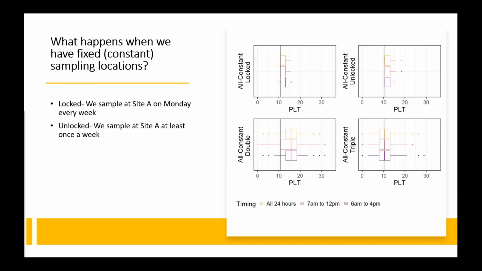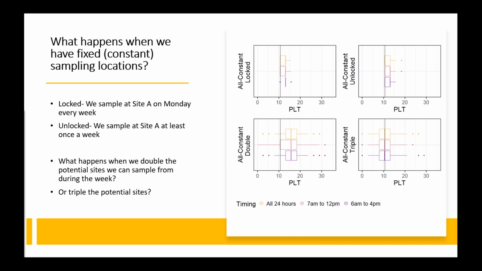Next, we look at what happens when we have fixed or constant sampling locations. So again, I have these locked and unlocked scenarios. In the locked, we're saying we sample at site A on Monday every week. For unlocked, we're sampling at site A at least once a week. And then we also look at what happens if we double or triple the pool of potential sites.